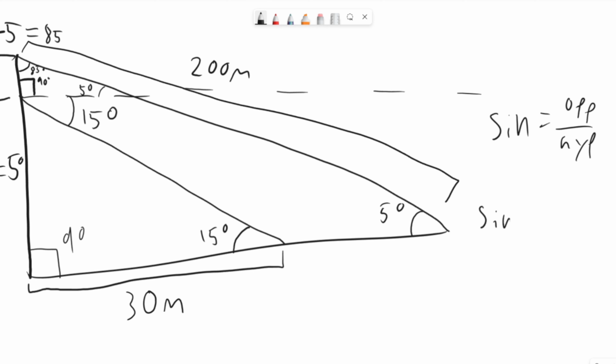So the sine of 5 degrees is going to be my giant unknown height here. So since I'm already using h as a variable, I'll just use x. And then that's divided by the hypotenuse, which I know is 200 meters, supplied here. So x in its entirety will be 200 times the sine of 5 degrees.